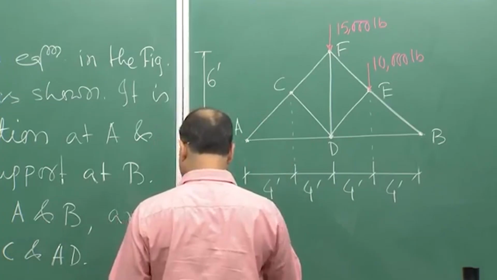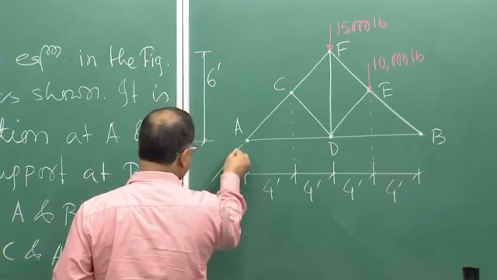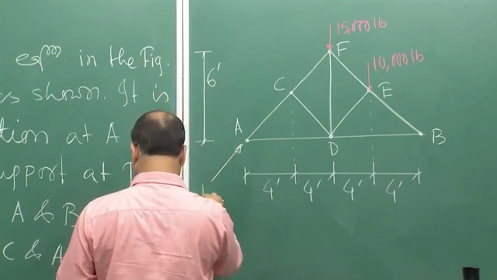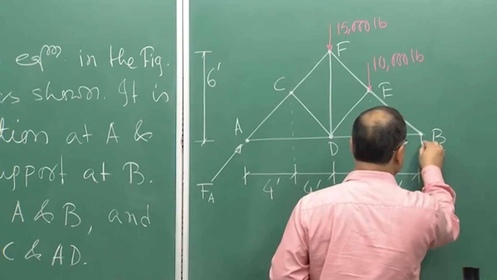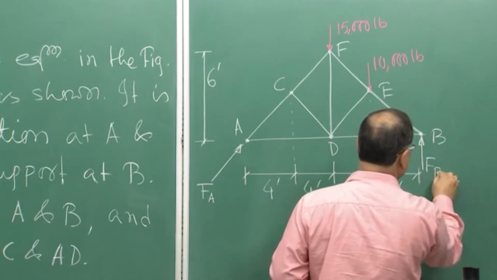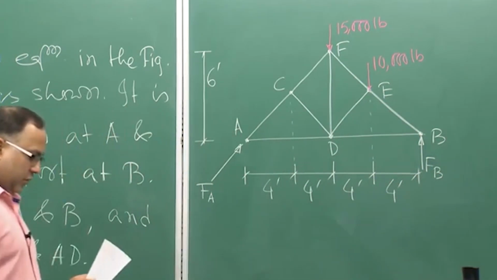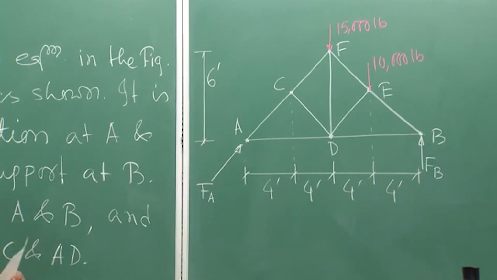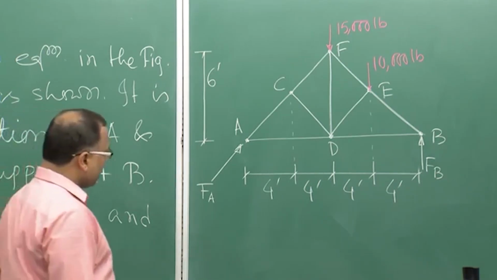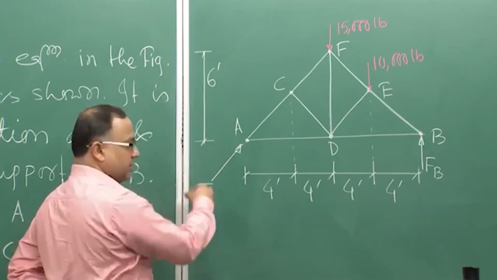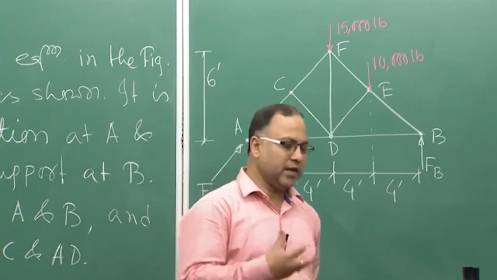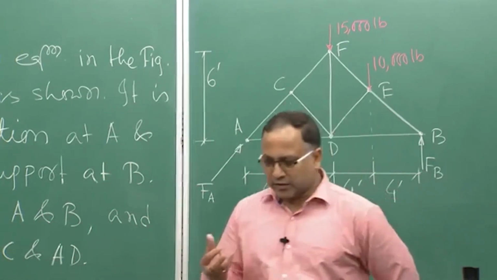So, this is reaction force F A and this is reaction force F B. These two are the reaction forces, and our objective is to find out these two forces. I have shown the line of action of F A like this, but I do not know the actual direction.